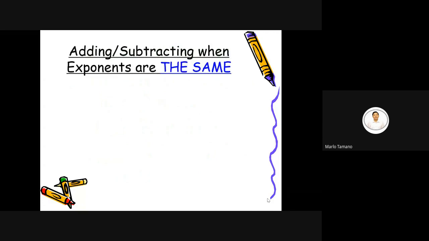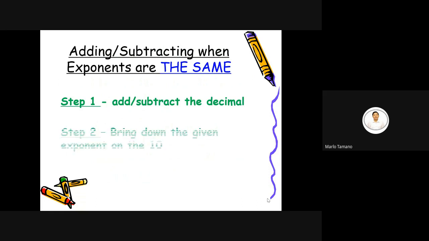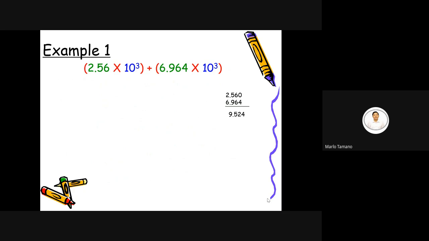Look at this one. Step number one, add or subtract the decimal. Step number two, bring down the given exponent on the 10. For example, we have here 2.56 times 10 cubed plus 6.964 times 10 cubed.